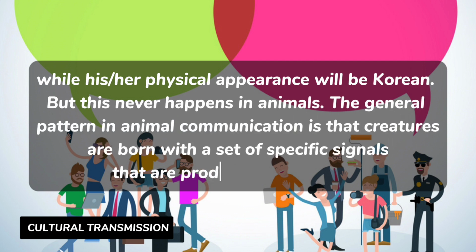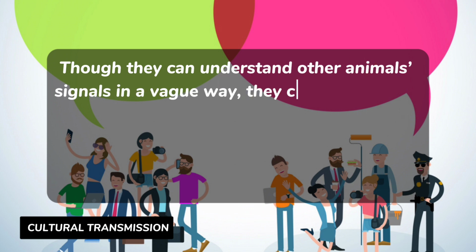But this never happens in animals. The general pattern in animal communication is that creatures are born with a set of specific signals that are produced instinctively, so they can understand other animals' signals.